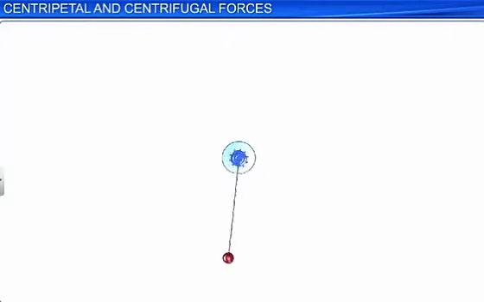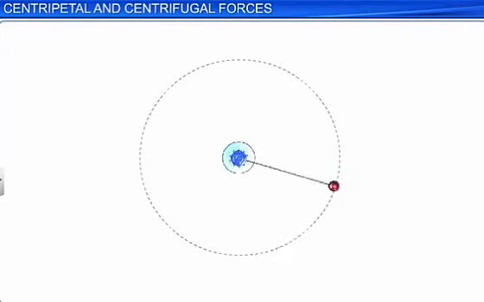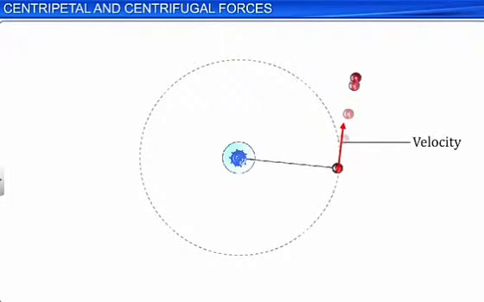The speed or the magnitude of the velocity of such a body executing uniform circular motion is constant. The direction of velocity at any instant is the direction in which the body tends to move if there is no external force acting on it.